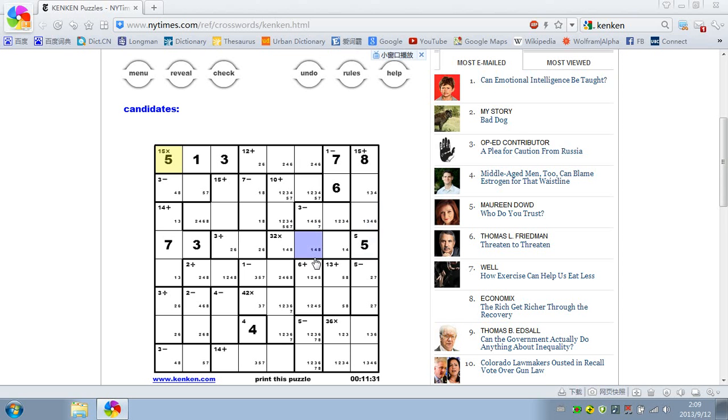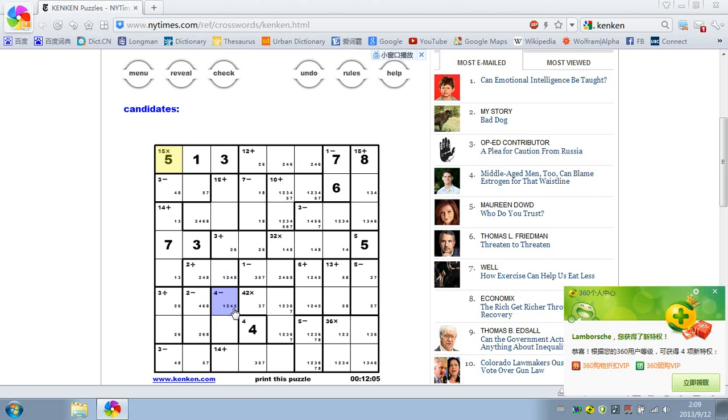It's 4, 7, 5, 8, 5. For 4 minus will be 1, 2, 3, 4, 5, 6, 7 because you cannot have 3, you cannot have 7. 1, 2, 1, 2, 4, 5, 6, 8.